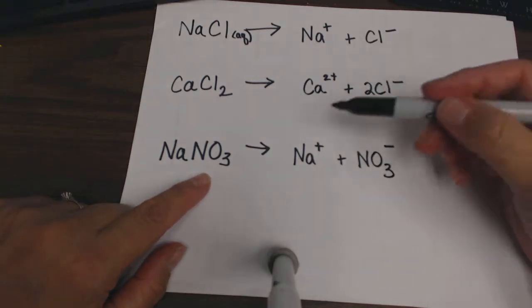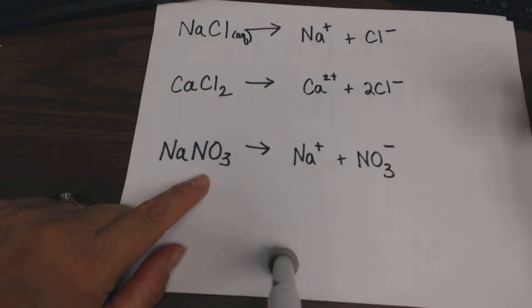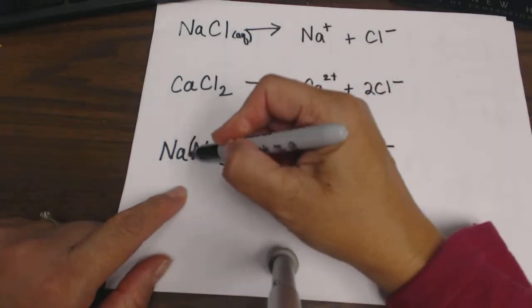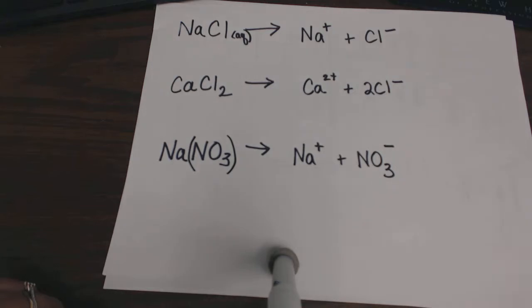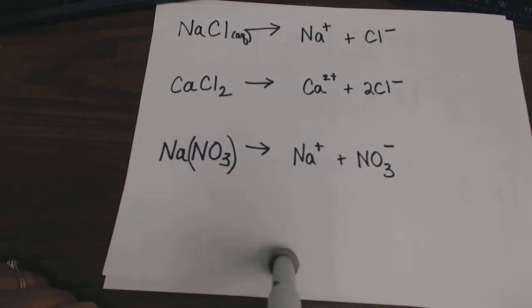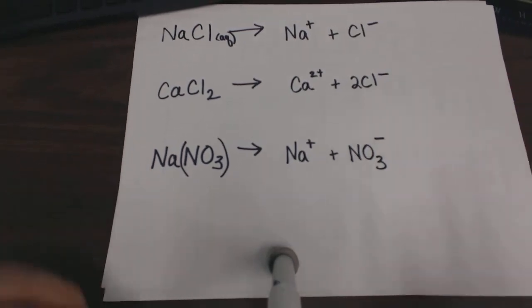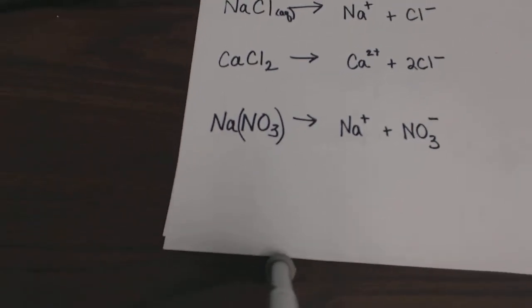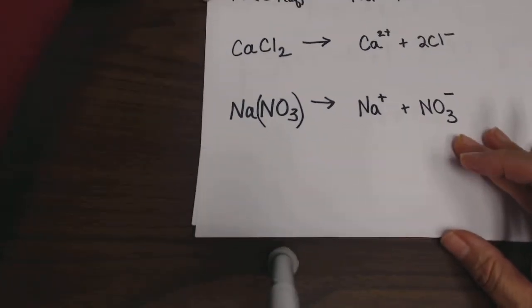And so the sodium and the nitrate separate. It helps to remember that nitrate is a polyatomic, and we have one of those and one sodium. So let's do one or two a little bit more difficult ones with polyatomic ions.